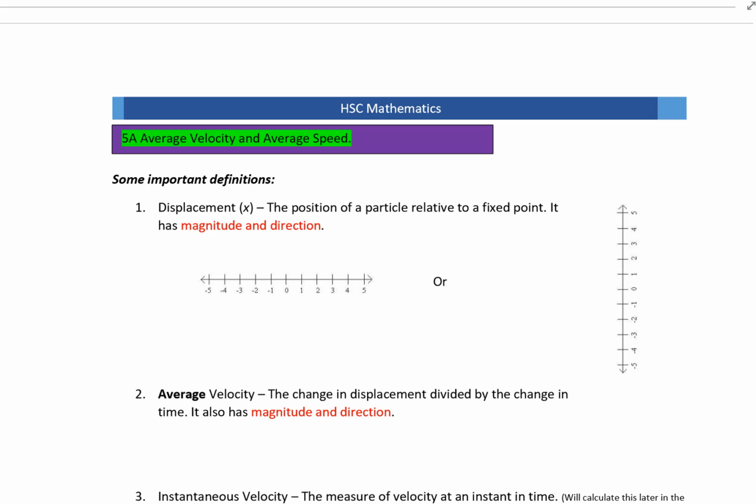So the actual mathematics involved in this chapter contains nothing new. The first exercise, you'll see there's nothing harder than finding the gradient between 2 points or subbing into an equation.